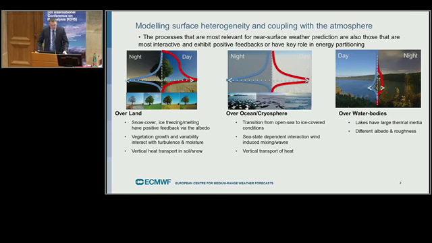In particular, the work we do in our team is about coupling processes. So we try to reproduce and understand the physical and biogeophysical processes that occur at the interface between the Earth's surface and the atmosphere. And here you see a sketch of the temperature profile that you have between the surface boundary layer and the land surface or the underlying surface.